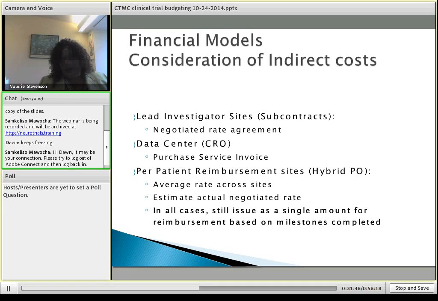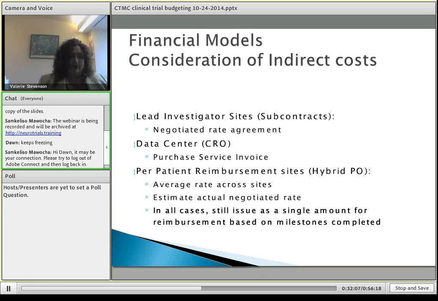Another thing that we can talk about when we're talking about the payments is we can try to understand and work on an average rate to provide people. We do that here. We look at what the F&A rate is across institutions, and then the cost of doing the study, and add that for a flat rate payment. It's not that it has to be that amount, but we always have consideration.